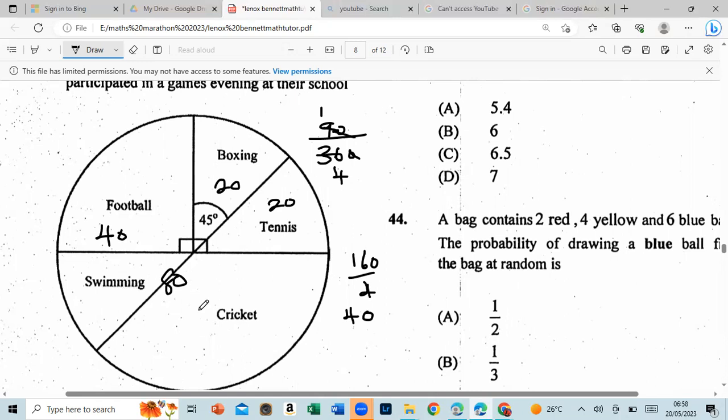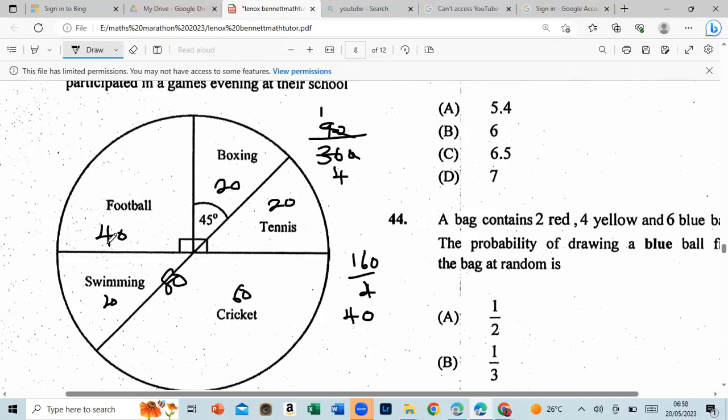Cricket is 2 times swimming. So I have 80, so this is 60 and this is 20, because this and this look like a semicircle.